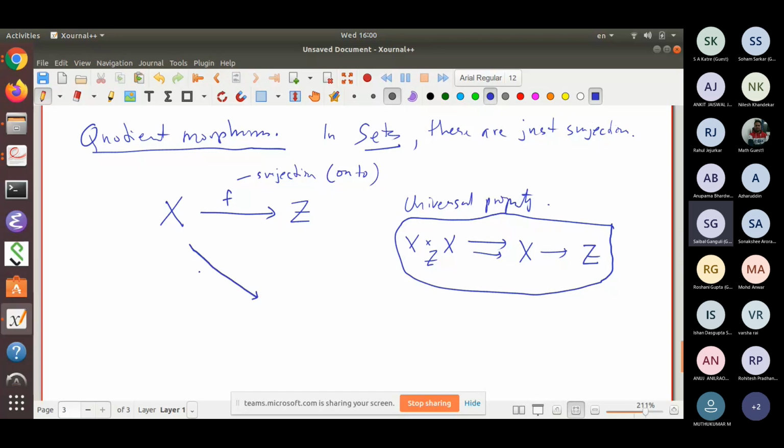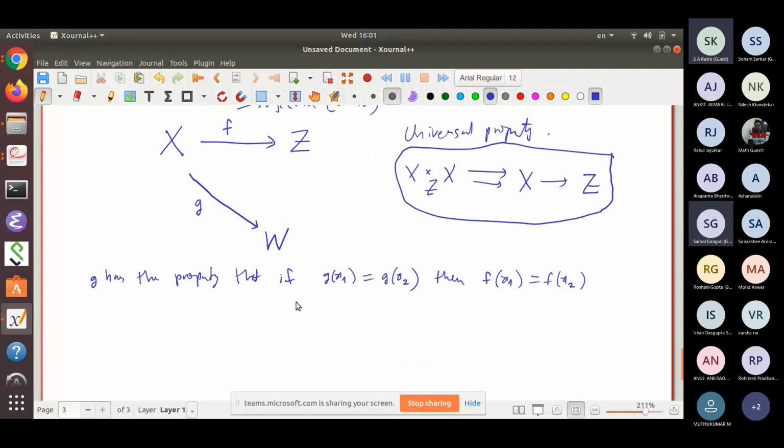So suppose I have any other map G to W, and suppose G has the property that if two elements, if G(x1) equal to G(x2), then F(x1) equal to F(x2).